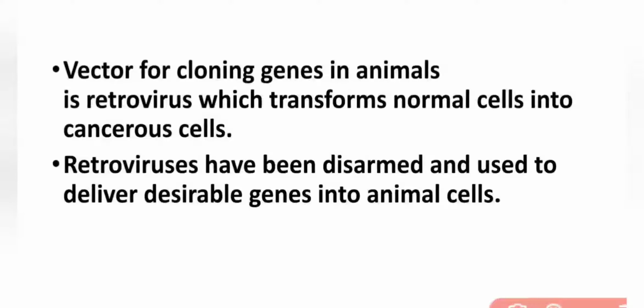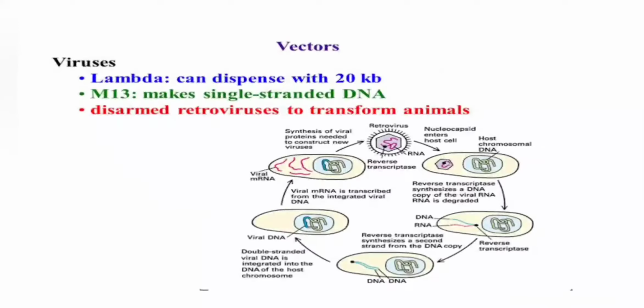Now the vector for cloning the gene in plant cells is the TI plasmid. What vectors will we use for inserting the gene of interest in animals? We can use retroviruses, and retroviruses transform the normal cell into the cancerous cell, but these retroviruses we have to disarm. Disarmed means it should not be able to cause a cancerous growth. It should be disarmed and used to deliver the desirable gene into the animal cell.